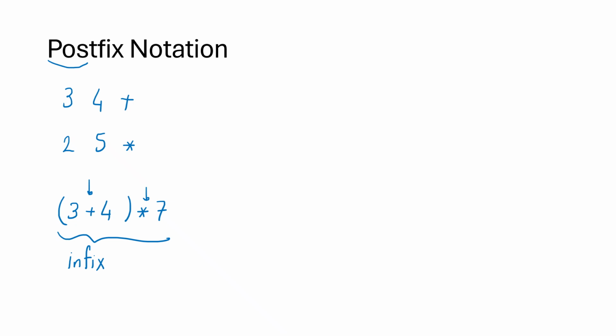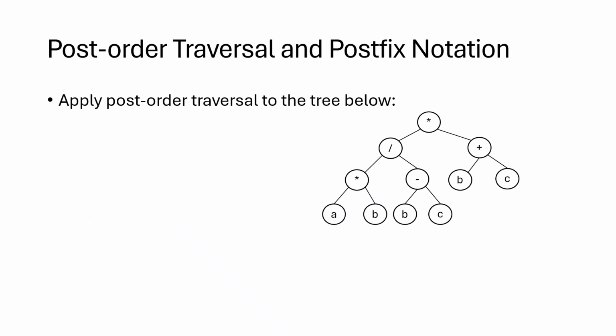So this is infix, but if you want to write the same expression in postfix, it will be 3, 4 are being added and then multiplied by 7. So this is called the postfix notation of that same expression. So you see, we have the addition of 3 and 4, and then the multiplication of 7 with whatever that expression 3 plus 4 is. So that's the postfix notation.